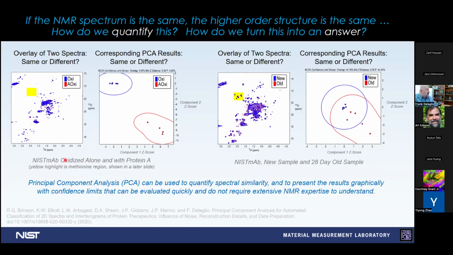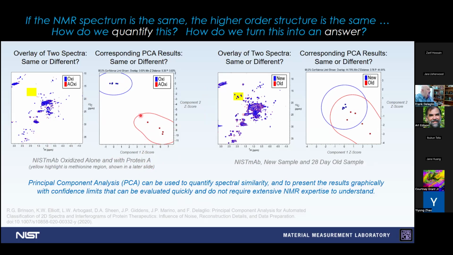So what we would like to do is come up with mathematical procedures that can directly reduce a collection of spectra measured on two different samples to an analysis result like this, where all of these objects in blue represent replicate measurements on one sample, and all of these points in red represent replicate measurements on another sample.